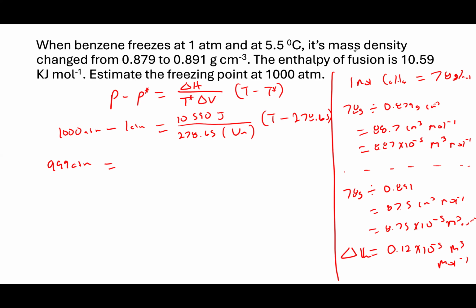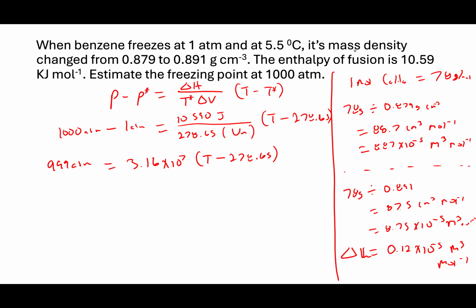If I do that, everything in the middle comes out to be 3.16 times 10 to the 7th. Again, it looks weird, but that's what it's going to be. And then we'll keep T minus 278.65.